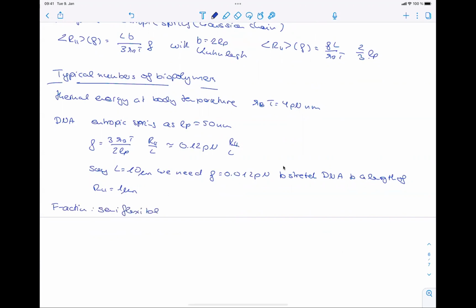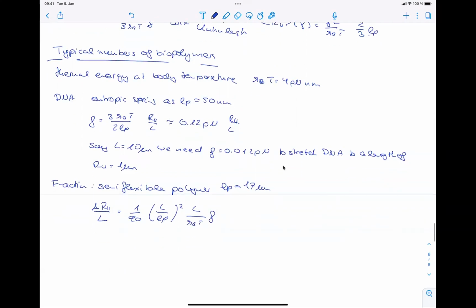semi-flexible polymer where the persistence length was 17 microns. And here we obviously have to go to the worm-like chain model to relate how much we can change the end-to-end distance. It is related to this positive term, which scales with this squared L over kBT times the force.